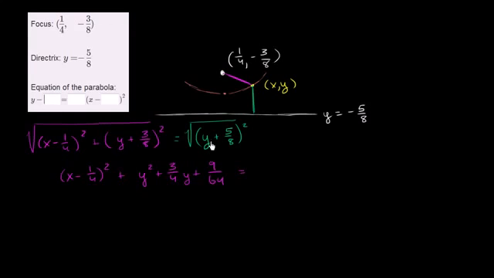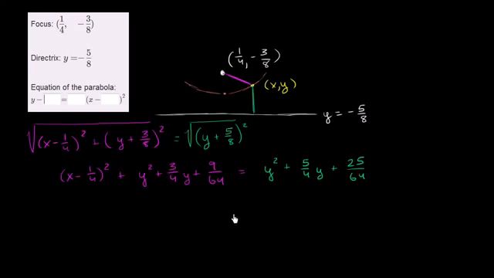Well, let me actually expand that out as well. So that's y squared plus 2 times 5/8 is going to be 5 fourths y plus 25 over 64.